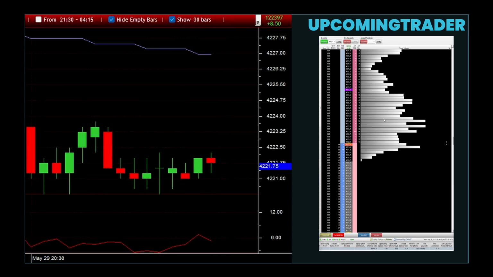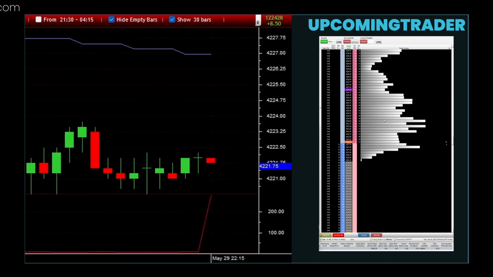Why does this matter? Well, seeing where the price has spent time shows you where the market sees value and where it has rejected value. The market tends to revisit levels where value was established, and these levels often act as magnets for future price movement.